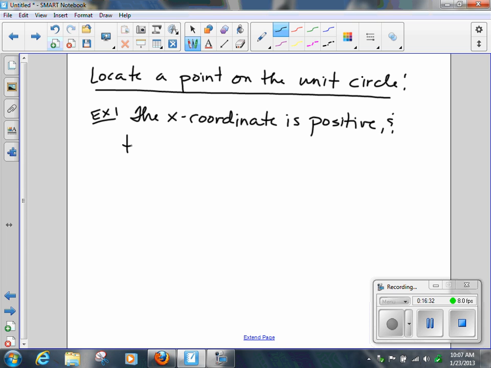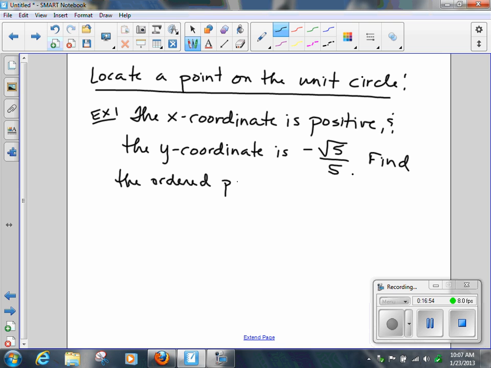And the y coordinate is negative root 5 over 5. Find the ordered pair. Find that point on the unit circle.